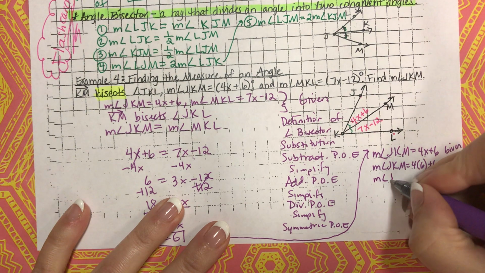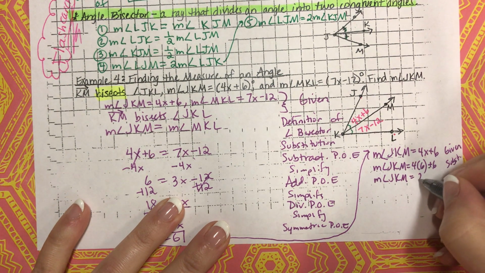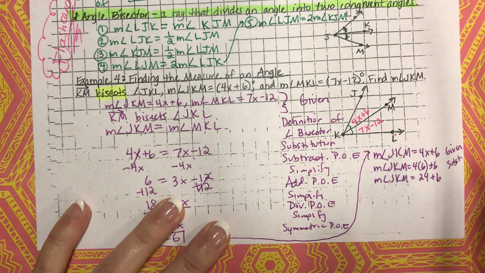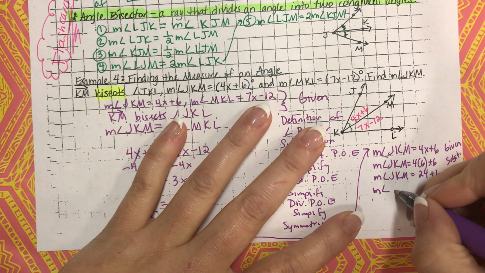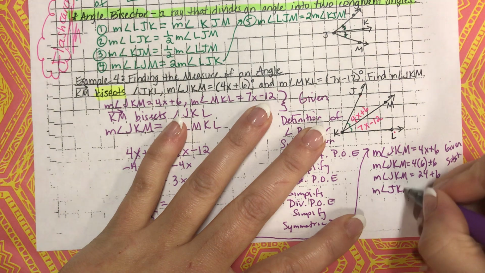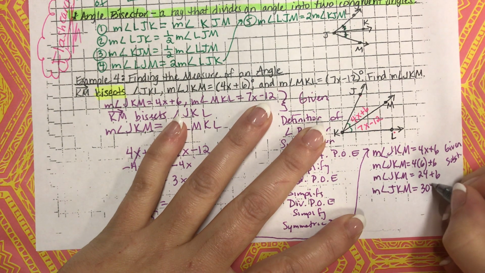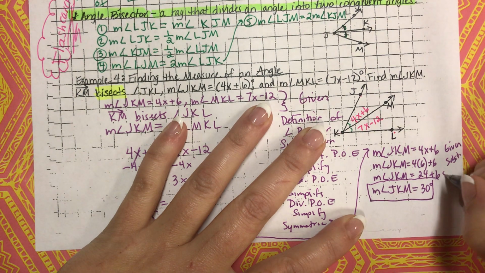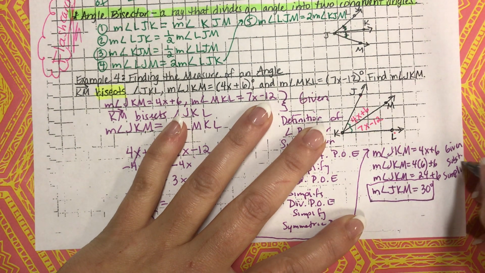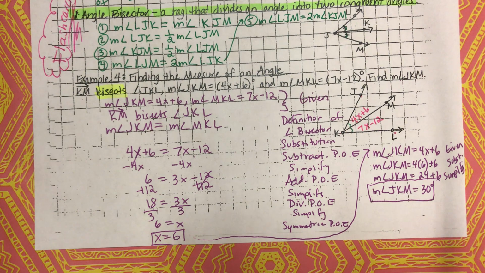So measure of JKM equals 24 plus 6, and then 24 plus 6 is just 30 degrees. So that means the measure of JKM is equal to 30 degrees. And that would be the answer, and this was simplify. Perfect. There we go. That's how you do that problem.